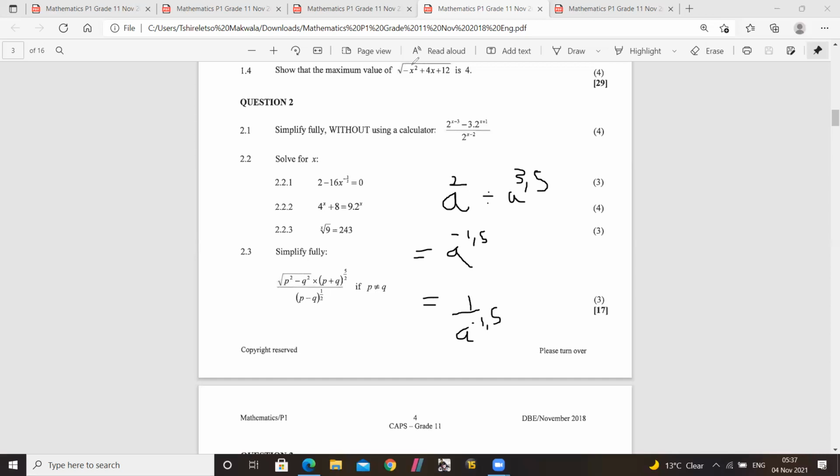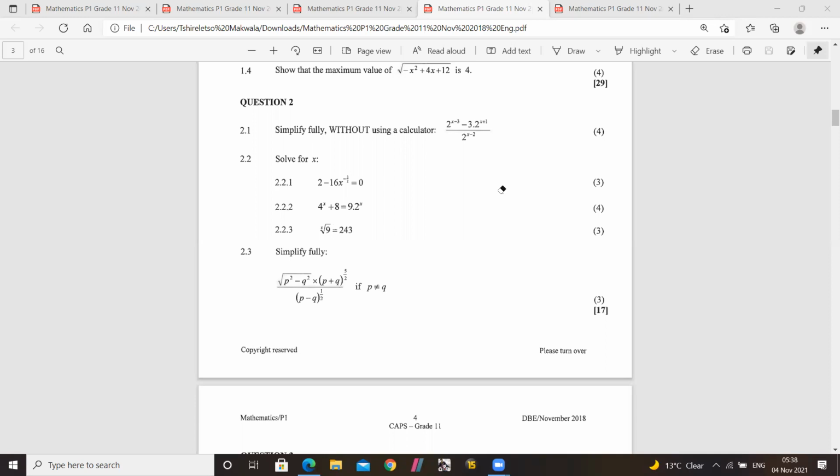Do you see these laws of exponents? They work when there is no plus and minus. So you must not see a plus or a minus for these laws of exponents to work. So let's continue here. The first type of question you're going to do is the one that says simplify fully without using a calculator. So how do we assess a question of laws of exponents?